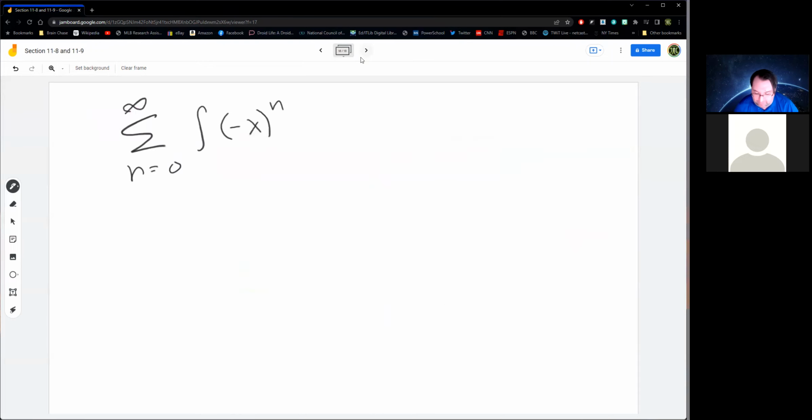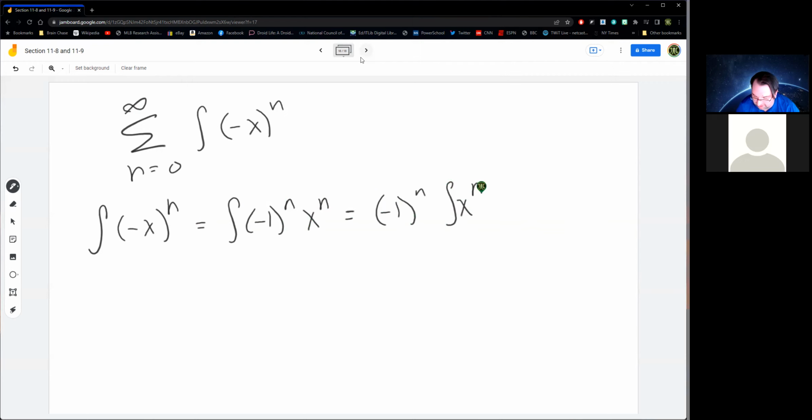All I'm really doing is the integral of negative x to the n power. That's the integral of -1 to the n power, x to the n power, which is -1 to the n power times the integral of x to the n, which is -1 to the n power x to the n plus 1 over n plus 1.